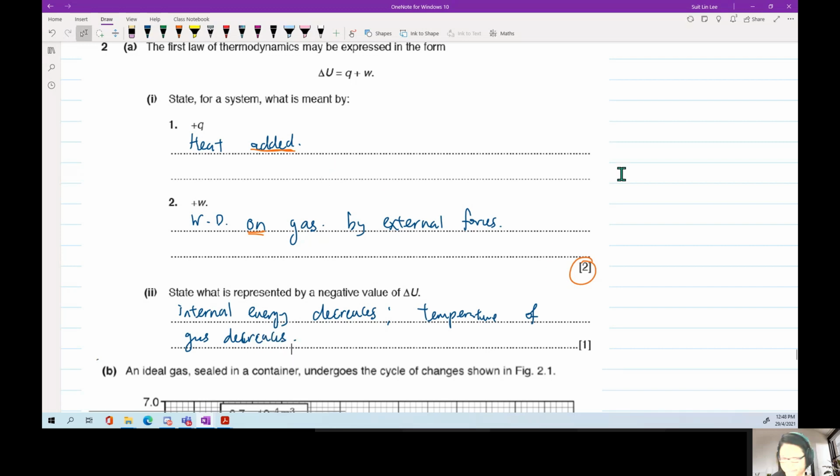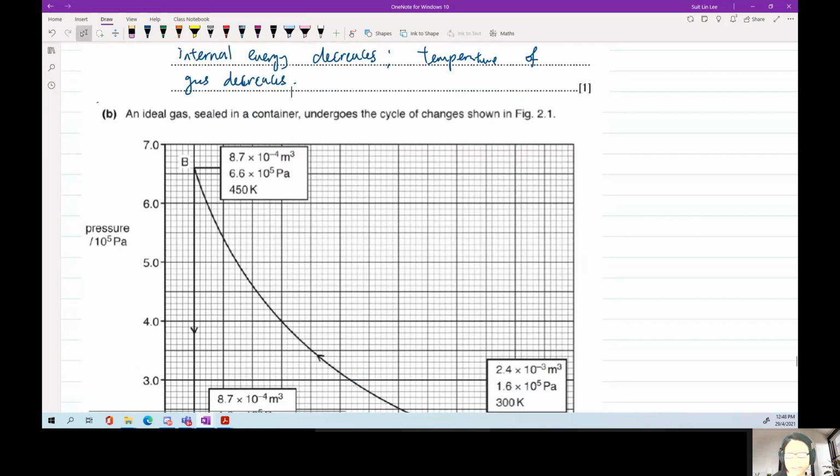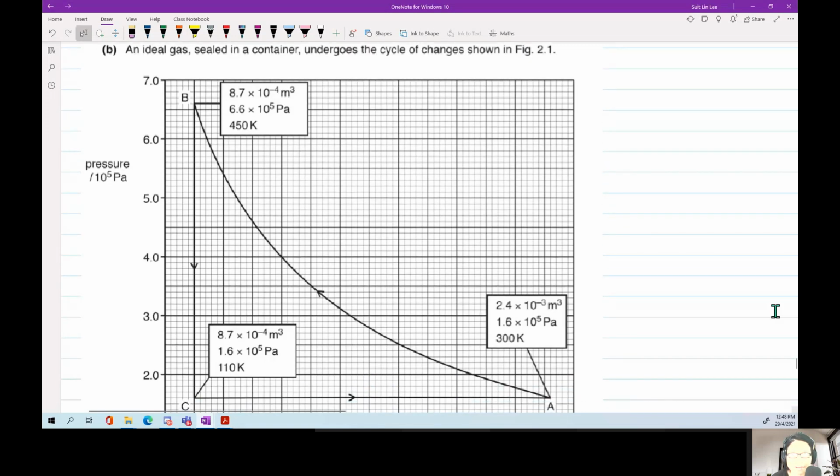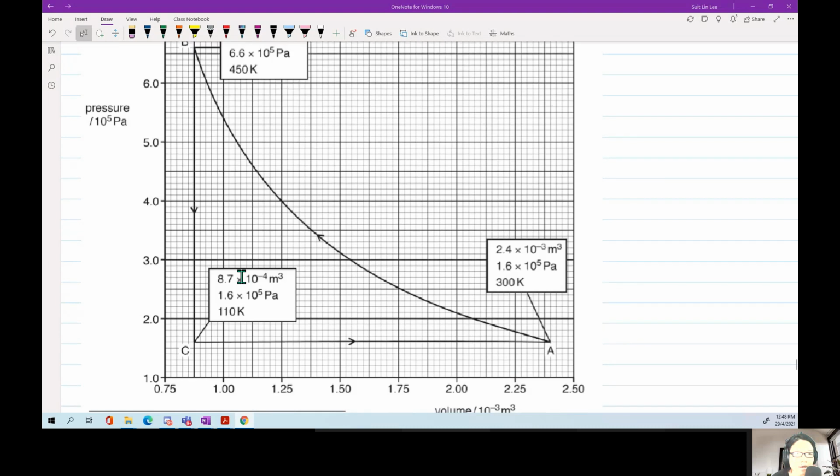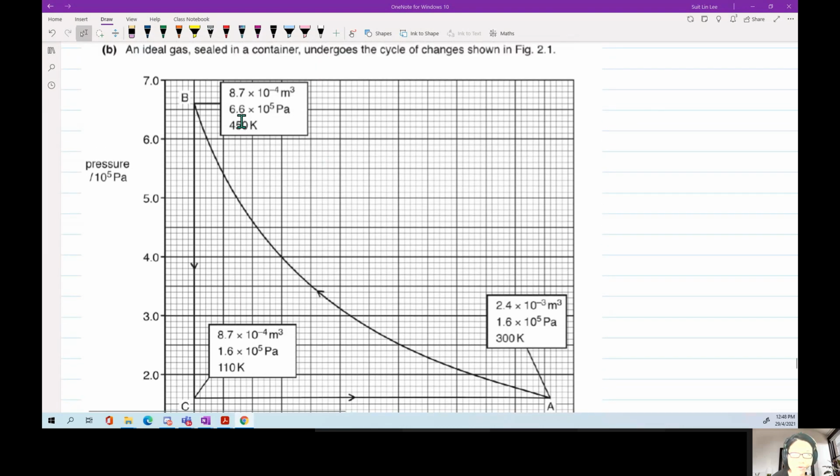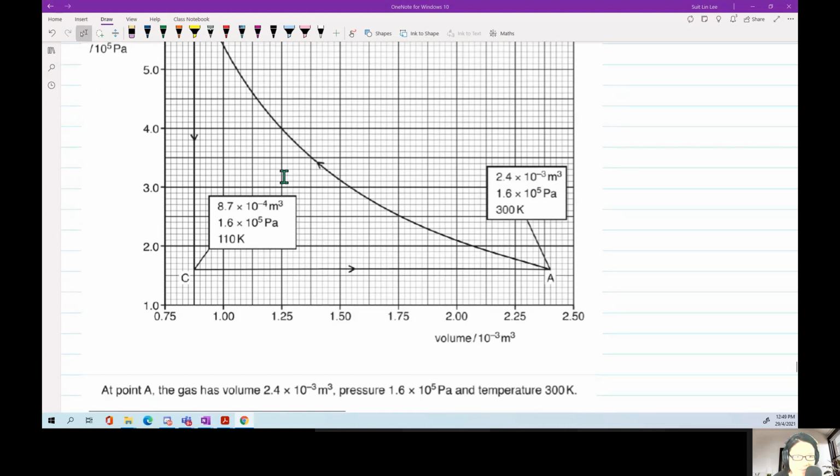Okay, next. An ideal gas sealed in a container undergoes a cycle as shown in figure 2.1. And they very helpfully give you all the temperature, pressure, and volume, PV.